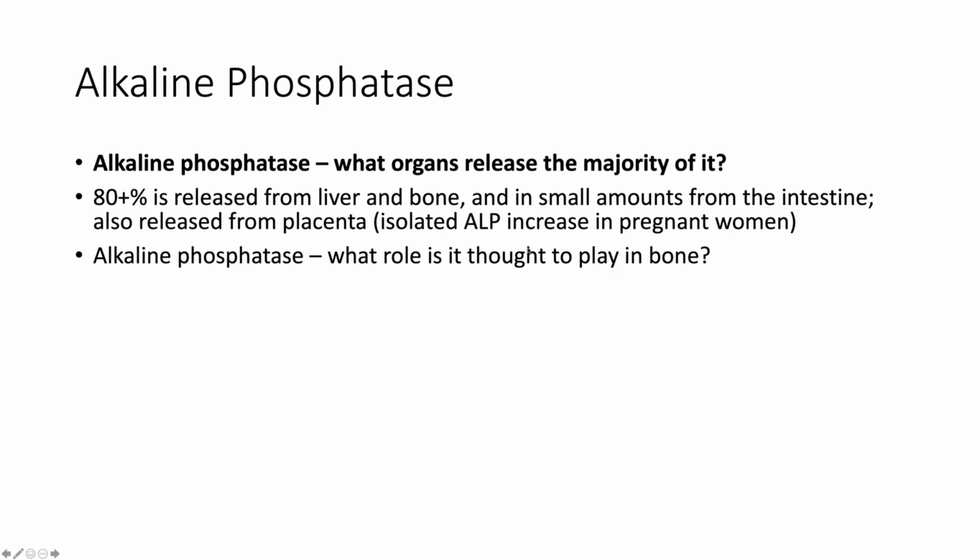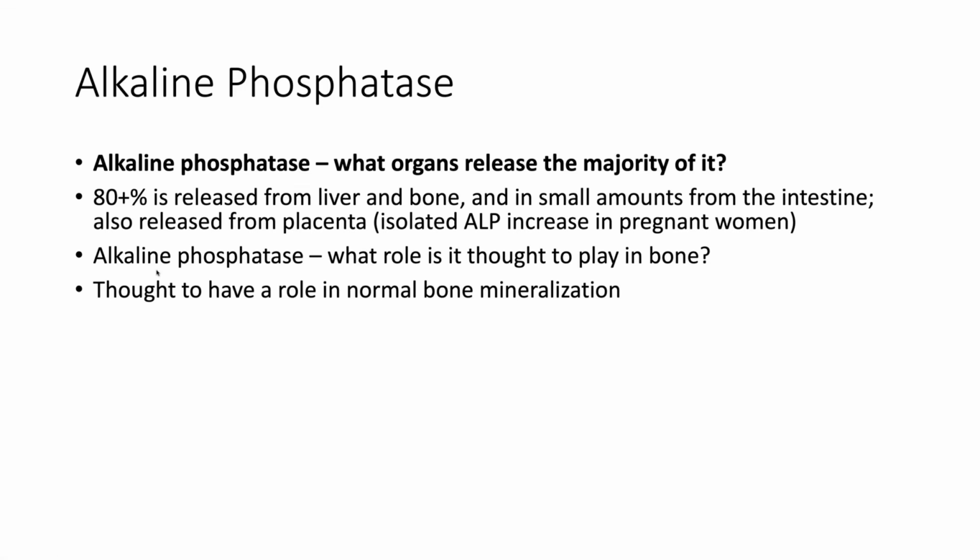So what role is it thought to play? Do you happen to know what role it's thought to play in bone? I don't think I knew this at your stage. I know it's released if there's bone breakdown. Interestingly, it's actually released when there's bone buildup. It's thought to have a role in normal bone mineralization. So phosphatase will cleave pyrophosphate, which is a complex thing, but pyrophosphate generally will inhibit bone.